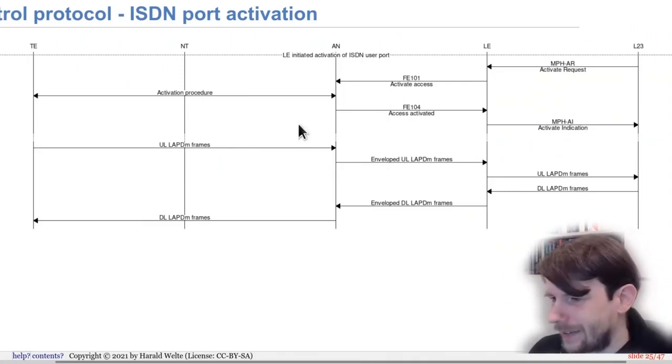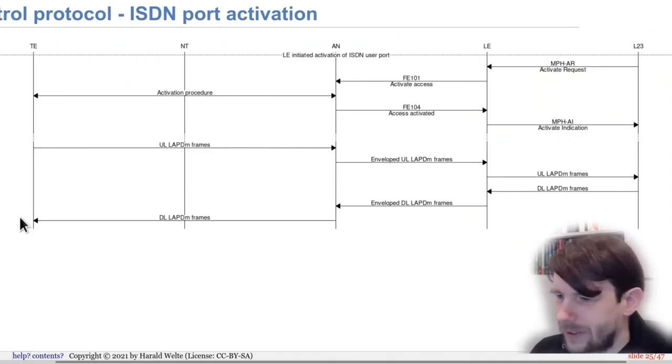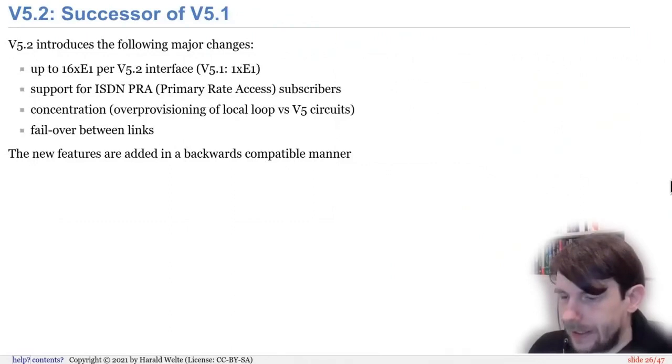That gets acknowledged back to layer 2, layer 3, and then we can have LAPD frames that go in both ways through this enveloping function on both sides. They get tunneled through. So yeah, that's basically the way an ISDN port would get activated and the signaling would look there.